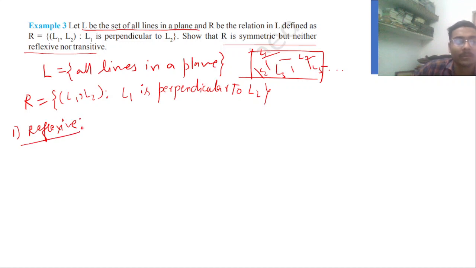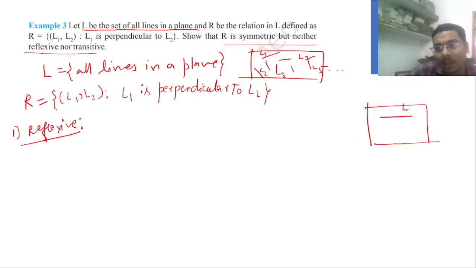So for reflexive, we draw a line L1 here. This is the plane and I have drawn a line L1. Will this line L1 be perpendicular to itself? This is another line L1 looking similar, and will this line be perpendicular to itself? No. So L1 comma L1 will not come in the relation. This is why the relation is not reflexive.